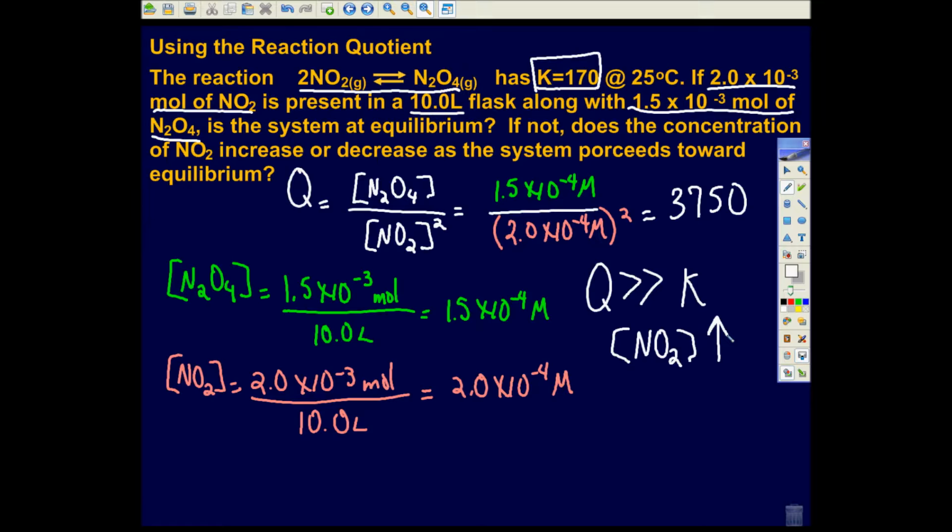It's reactant favored, so that means the reverse reaction is going to occur and increase your amount of NO2. And that's how you use Q to figure out if a system is at equilibrium and which way it will proceed.